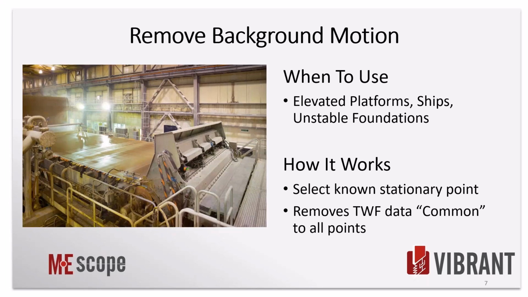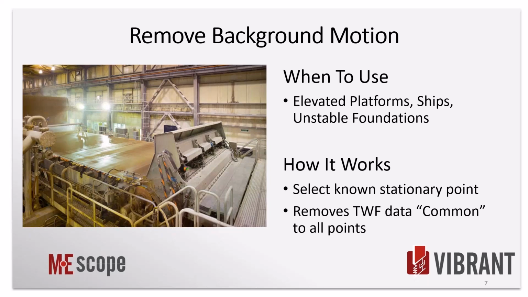It's really taking, in the video sense, pixel or pixels that are stationary, or the motion that's not related to the structure itself, and then taking that data and removing those time waveform data from the rest of the combined data to, for lack of a better word, normalize your video.